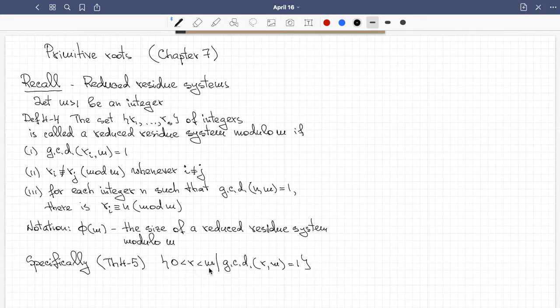All positive integers smaller than m and relatively prime to m. This is a reduced residue system modulo m.